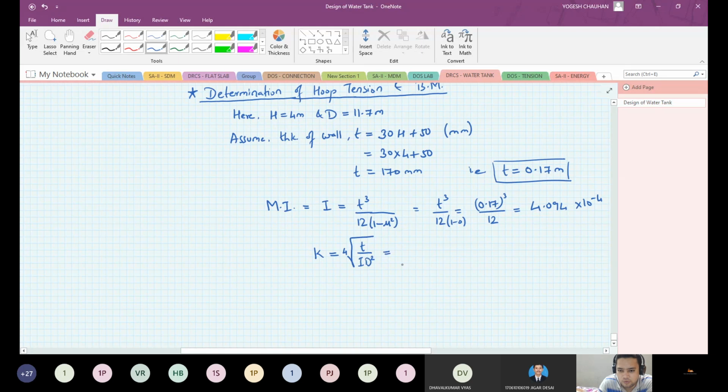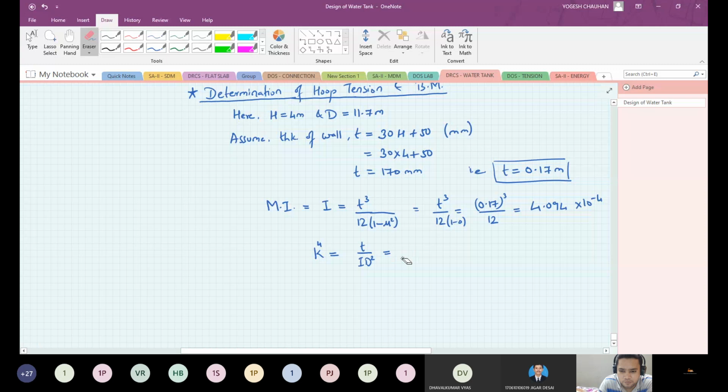So k to the power 4 you can find in terms of t by I d square.